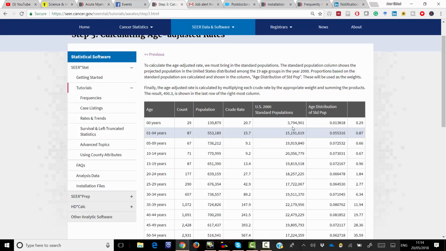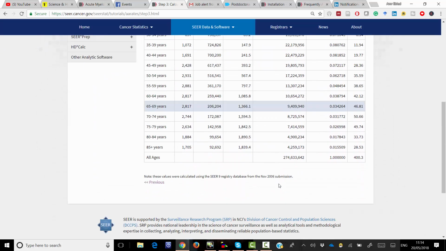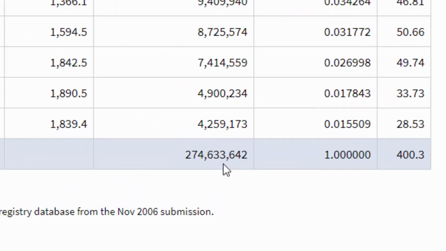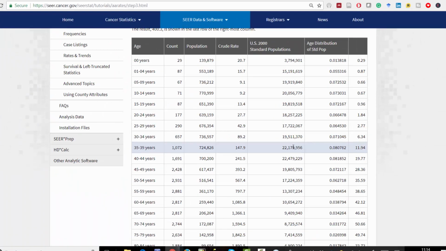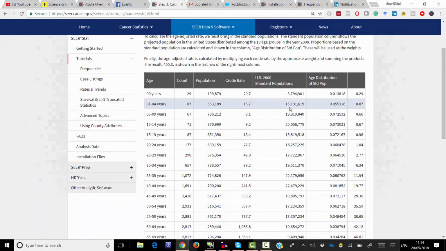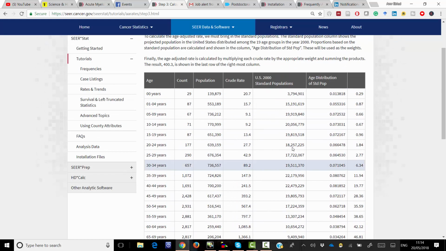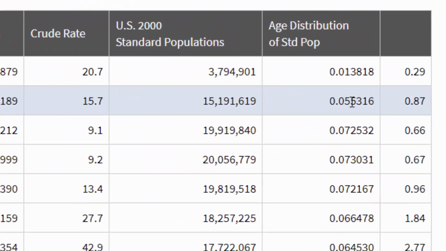First of all, we get the counts of the different age groups within the standard population, and then we divide by the total of this population. For example, we divide the 15,191,619 patients of the 1 to 4 years age group by the total, and we get this distribution.